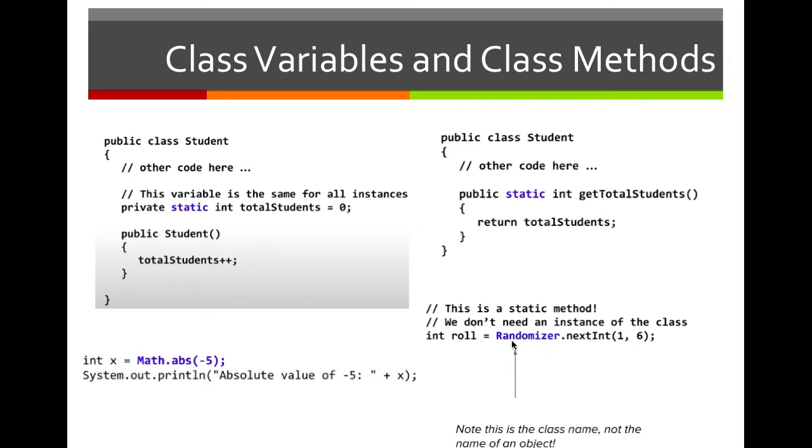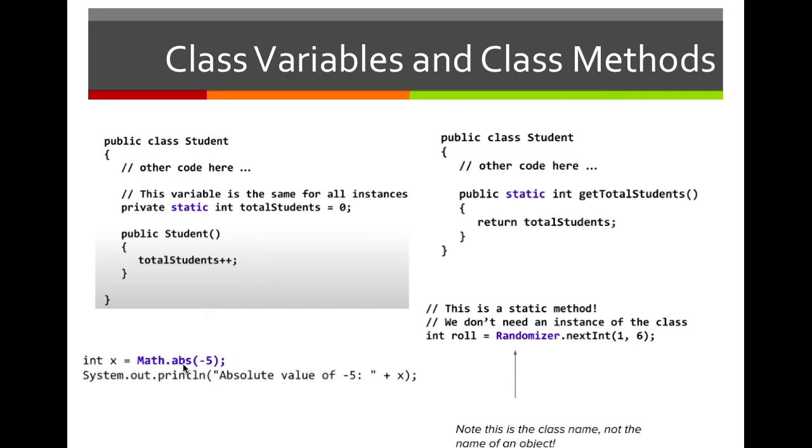So this means this is not an object name. This is the class name, not the name of an object. So, guys, we can say class, all right? So we are producing random numbers between 1 and 6 with this method. So this is a static method.